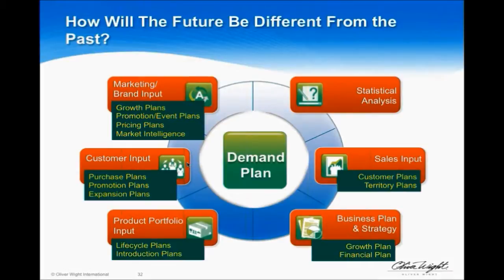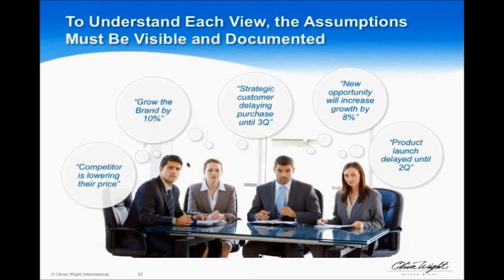For product portfolio, it's all around life cycles, management, introduction plans, what products will be exiting the business. For customers, what are their buying schedules or purchase plans, their promotion plans and expansion plans. And of course, you need to ask about the business plans. Are there any plans to change our business plans going forward?